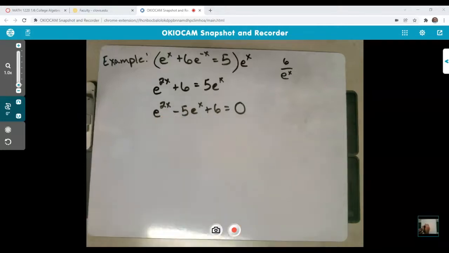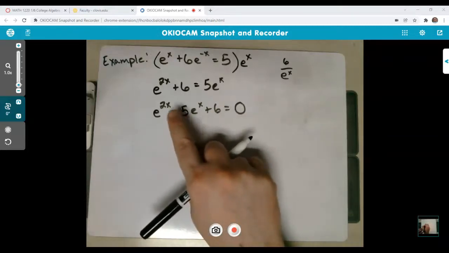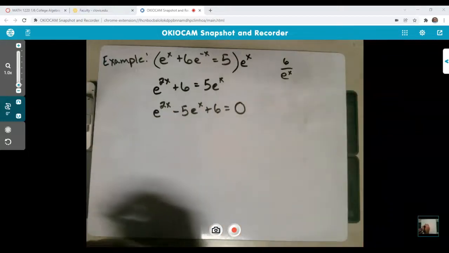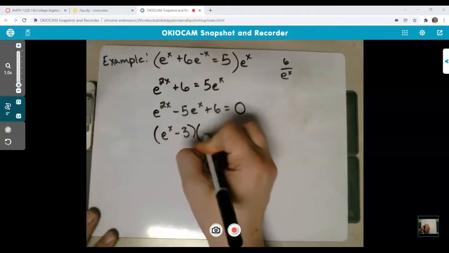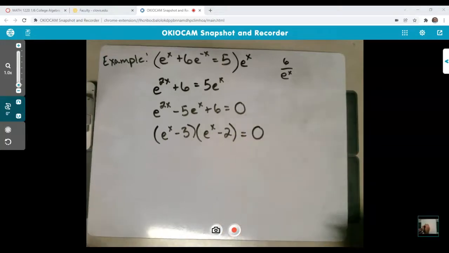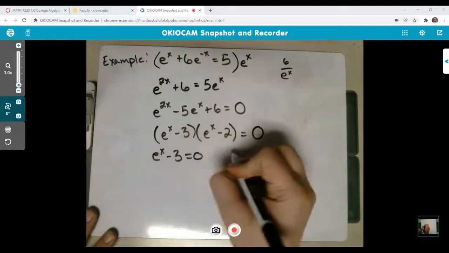So I can treat this like a quadratic and say, are there any factors of 6 whose sum is equal to negative 5? I can see I can do negative 3 and negative 2. So e to the x minus 3 times e to the x minus 2 equals 0.